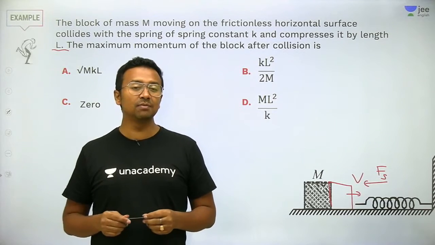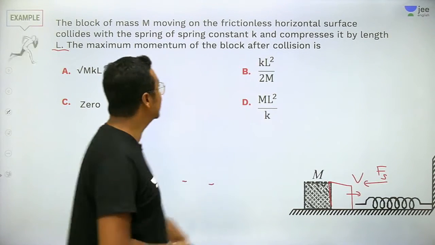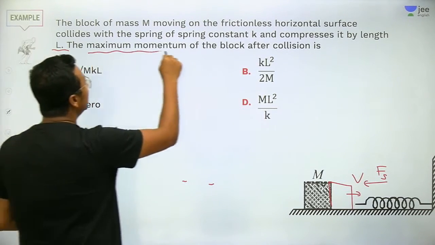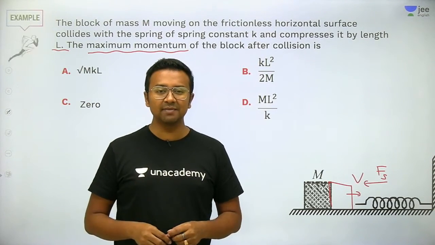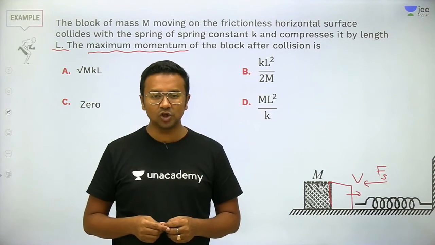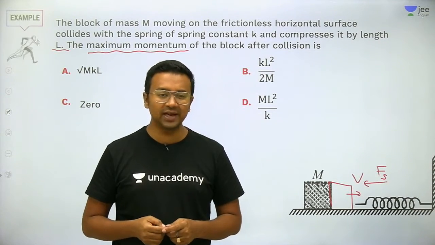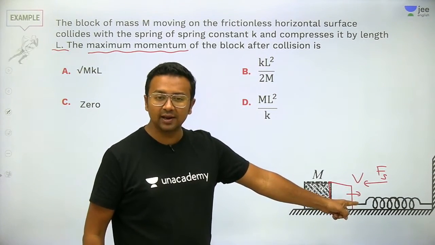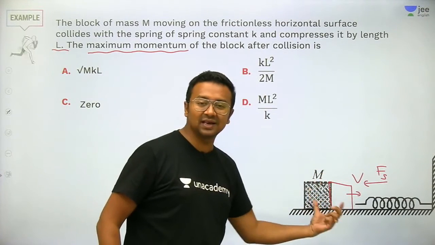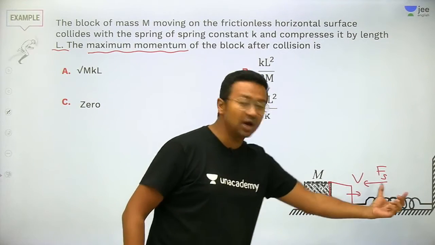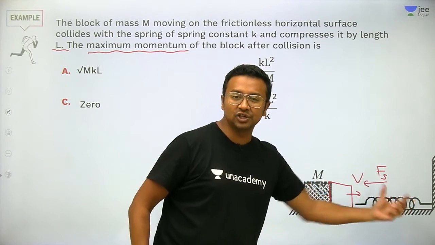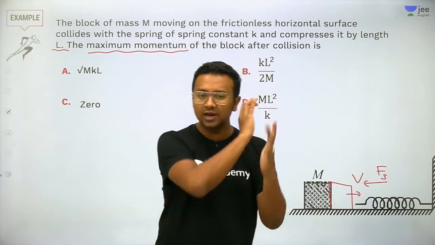Now they are asking us what will be the maximum momentum. We can find the maximum momentum corresponding to the value of maximum velocity. Whatever is the total kinetic energy just before the collision will be equal to the net spring potential energy after the entire spring has got compressed.